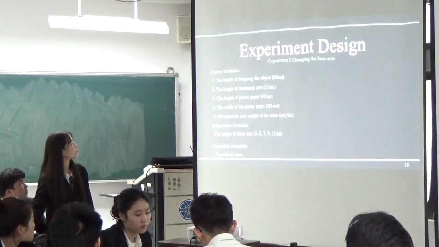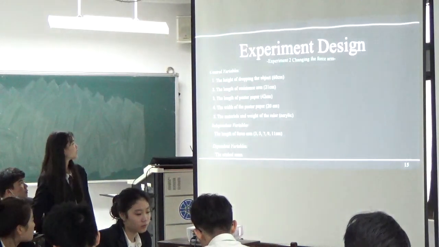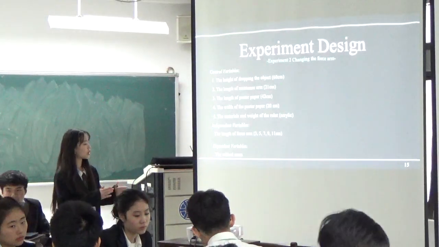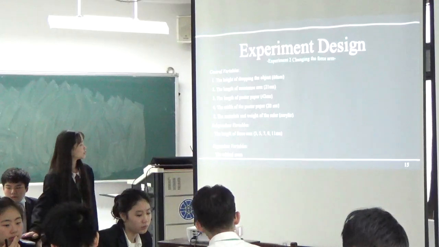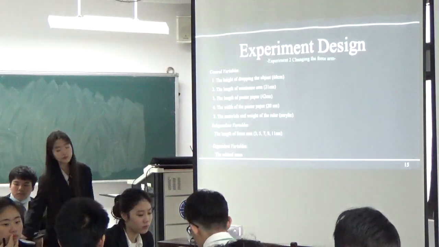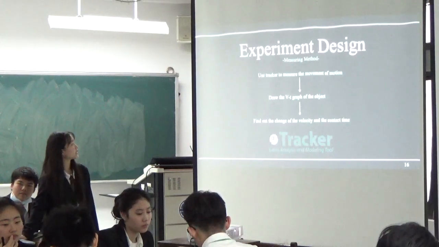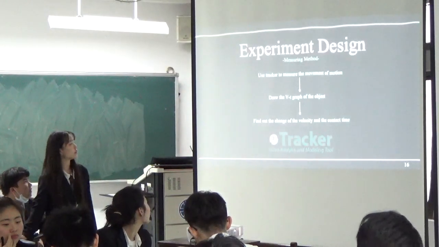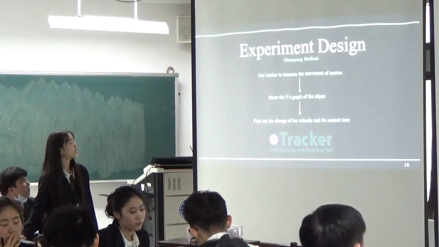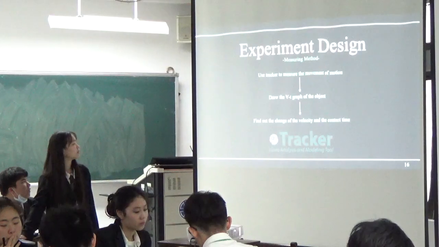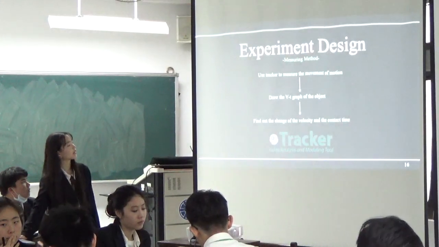In the second experiment, we changed the force arm, just like the picture we have shown, so we draw a line on the ruler every 2 centimeters. And our experiment is like this. We use Tracker to measure the motion and draw the v-t graph of the object. And we found out the change of the velocity and the contact time.